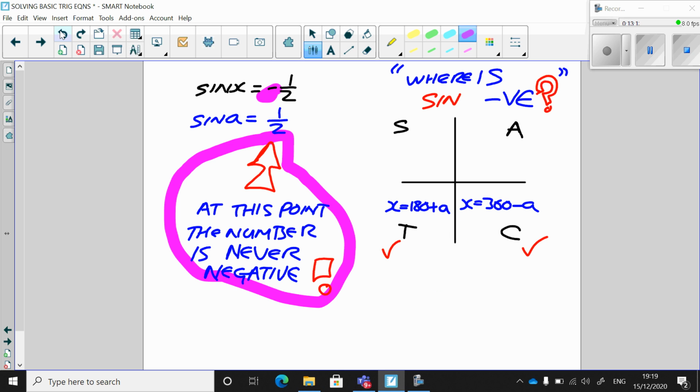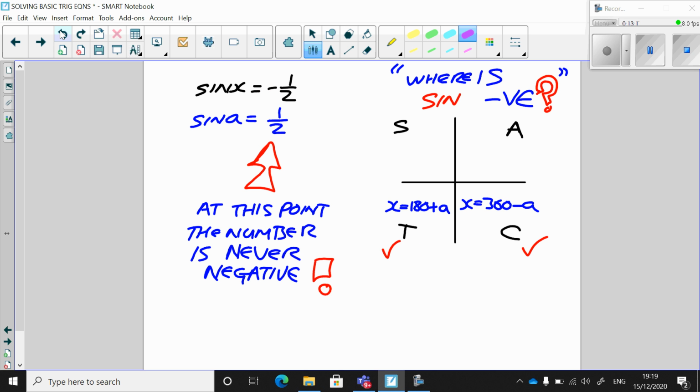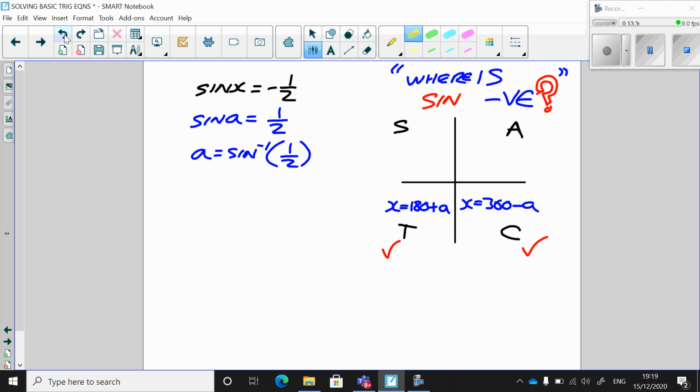We don't need to know about that. Right? So like I say, as soon as you introduce A, because we're looking for the calculator answer, that there has to always be positive. Right. Okay. I think we've established that fact. Right. So we get the inverse sine of the calculator, sine with a wee minus 1, shift sine, half, and you should get a nice answer. What do you get? Do you get 30 degrees?